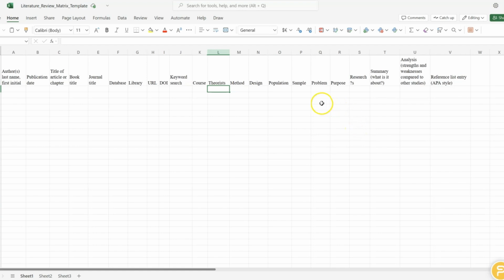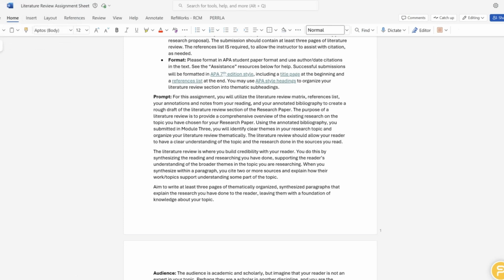Maybe you're struggling with understanding what their research question was, or maybe it didn't come from a database. All of that is okay. This is for your assistance, but I will say that the more you fill out in your literature review matrix, the easier this assignment will be. So definitely use this as you are reading your scholarly articles and preparing to discuss them in your literature review.